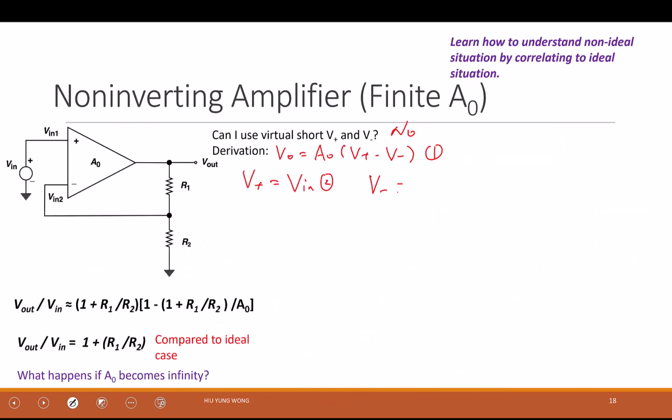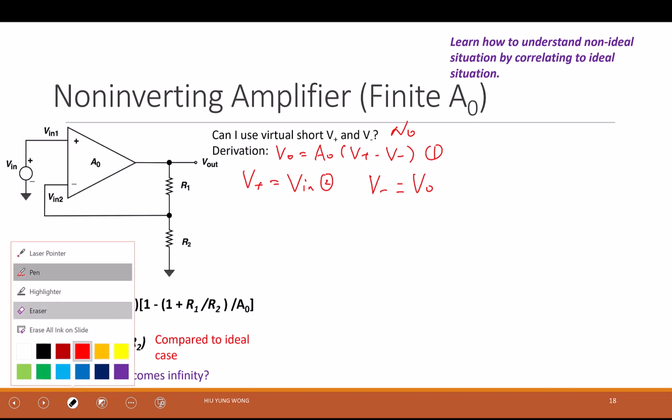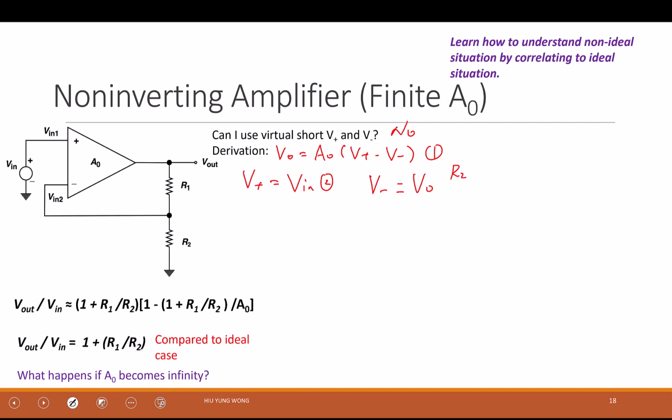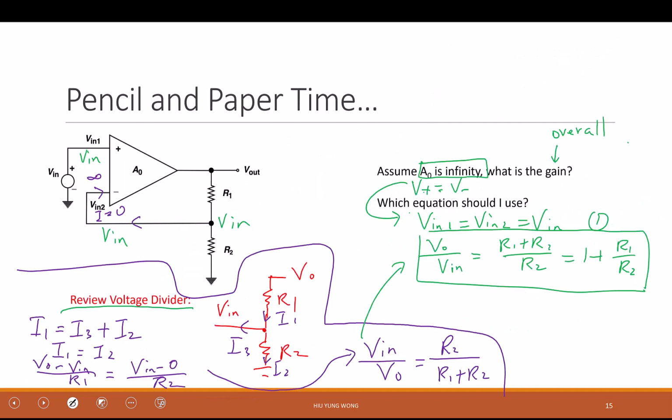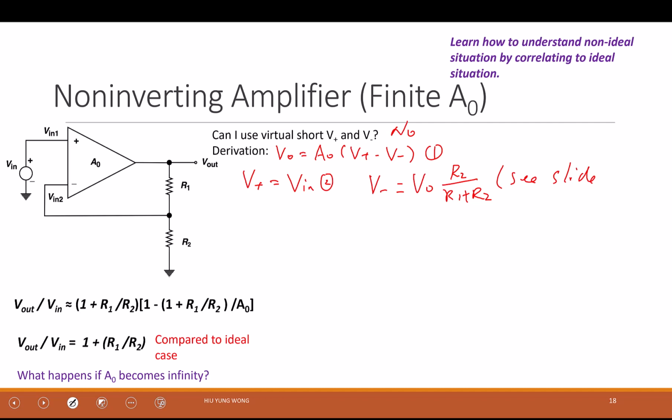So I can use that equation, V minus equals V out times R2 divided by R2 plus R1. See slide 15, we have this equation already.